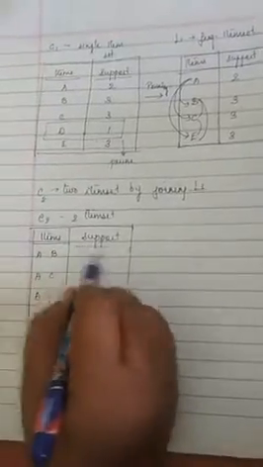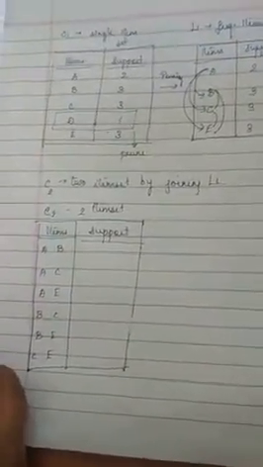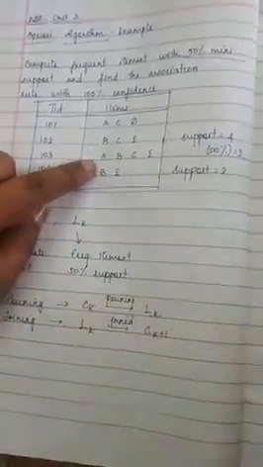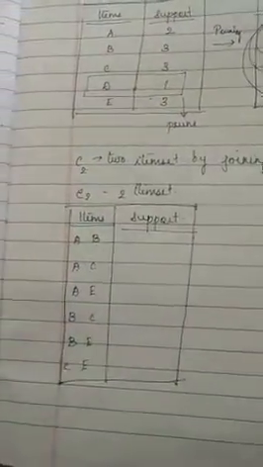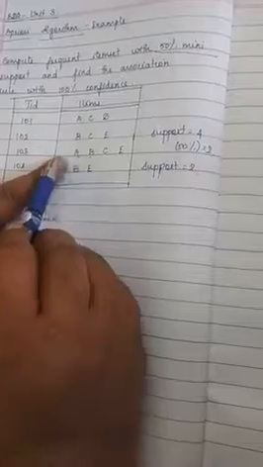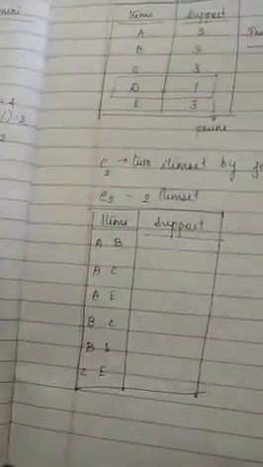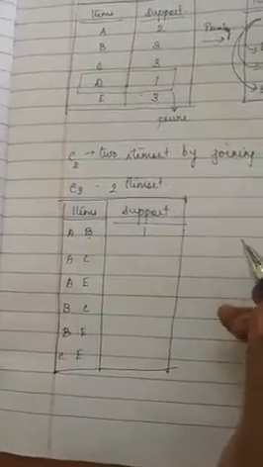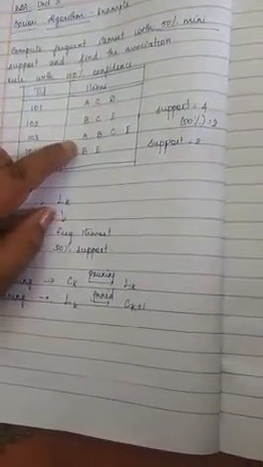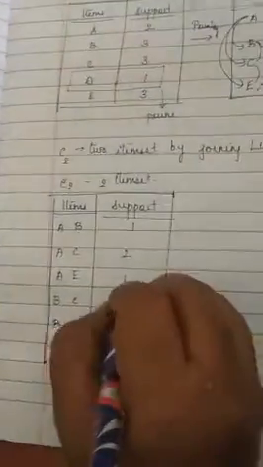Now AB. We have to see in the given table the occurrence of A and B. The occurrence of AB is only 1, because these 2 items occurred together only once in a single transaction. AC occurred twice, so 2. AE occurred only once.